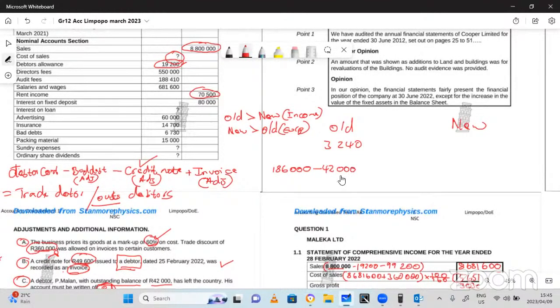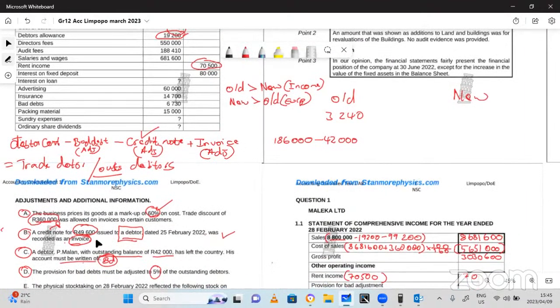Okay, again, after subtracting the 42,000 rand, then what else? We check the journal for the invoice and so on, and we saw that we had that transaction over there, which means this was an invoice that should have been a credit note. So we were supposed to subtract it, but instead we added it. So now we are going to subtract it 2 times. So we are going to subtract how much now? The 99,200. Why?